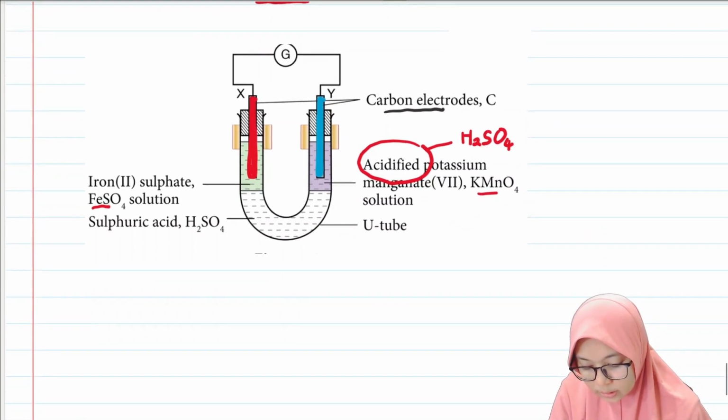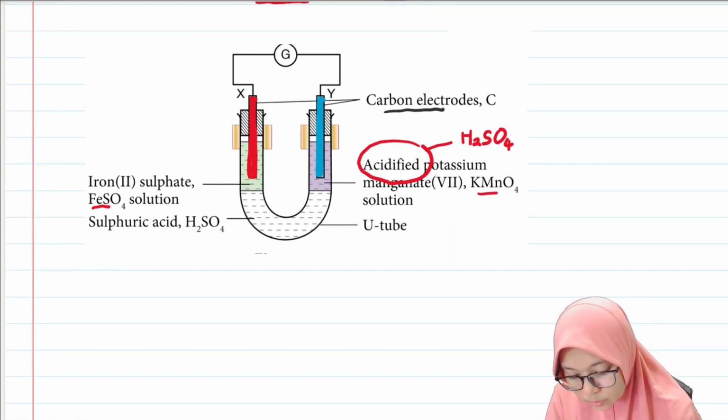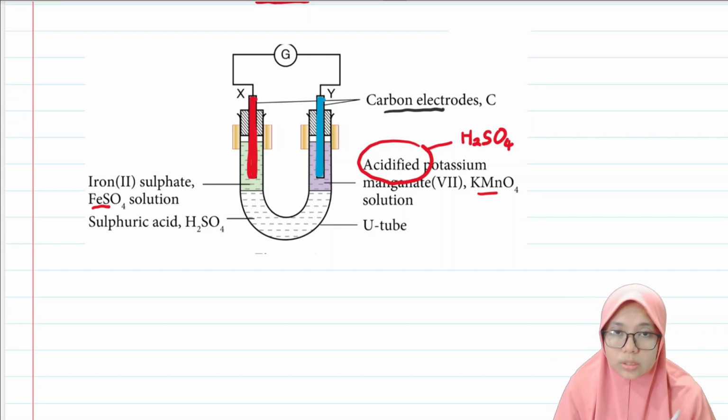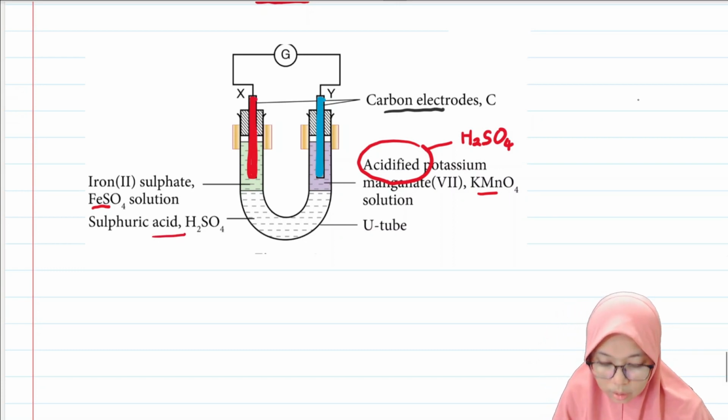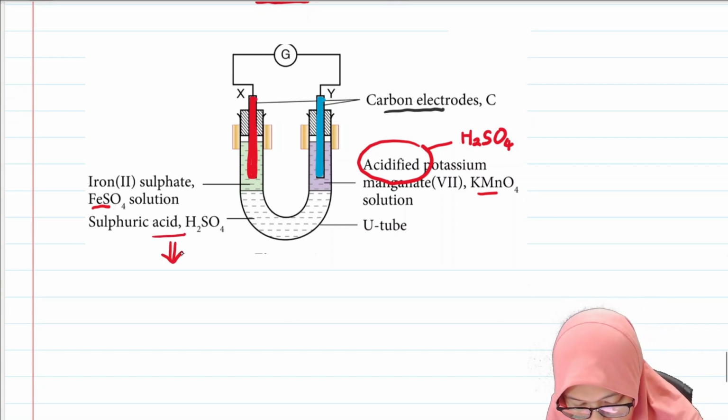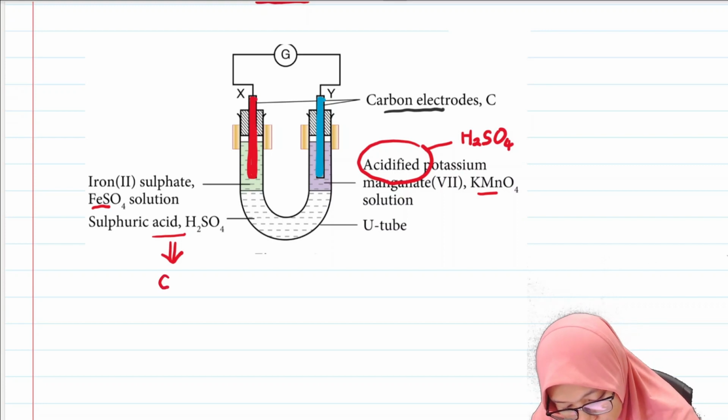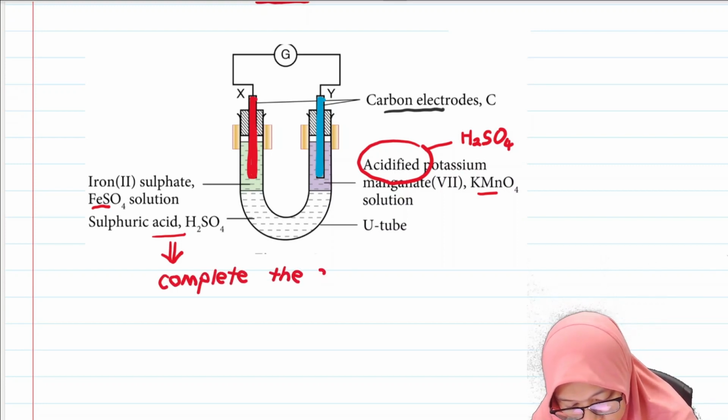And then inside that U tube, called a U tube because the tube looks like a U shape, the sulfuric acid is used to complete the circuit. At the same time, sulfuric acid will also separate the two solutions.